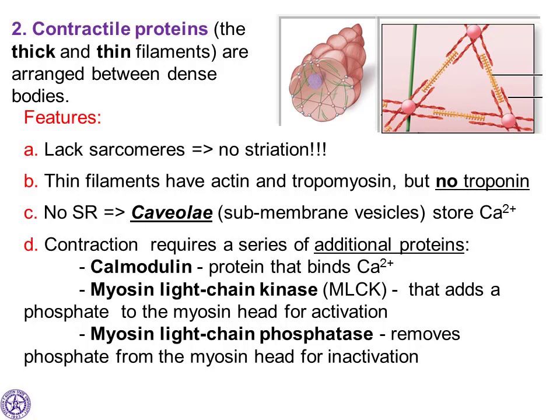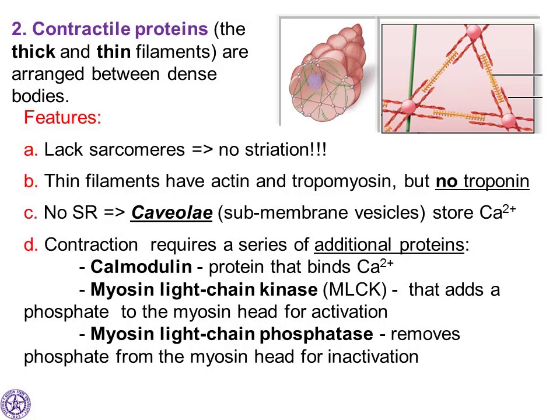And even though we don't have anything that we can really describe as a sarcomere and striations, notice that our dense plaques and dense bodies are serving the same function as our Z-line in our sarcomeric muscle. The Z-line that you would see in skeletal, the Z-line that you would see in cardiac, we don't have those.